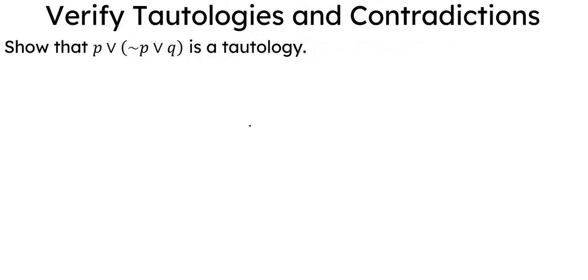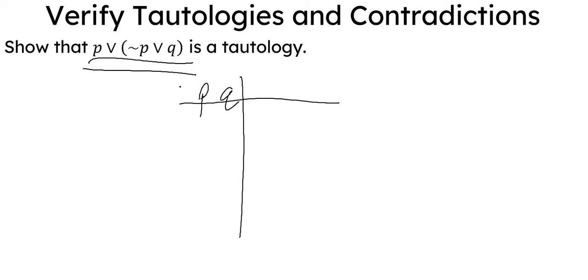So here, we are asked to show that this is a tautology. And again, we can do that using our truth tables. So we'll have our P and Q here because those are the only propositional variables that we have. So we'll have 1, 1, 0, 0, 1, 0, 1, 0. Then we'll also have P or (not P or Q).